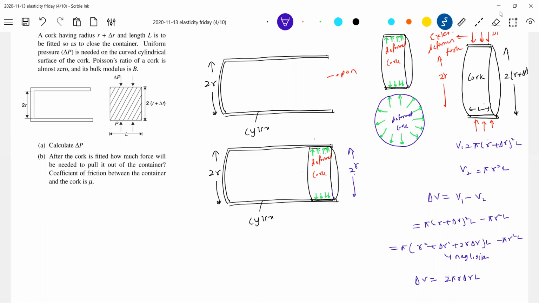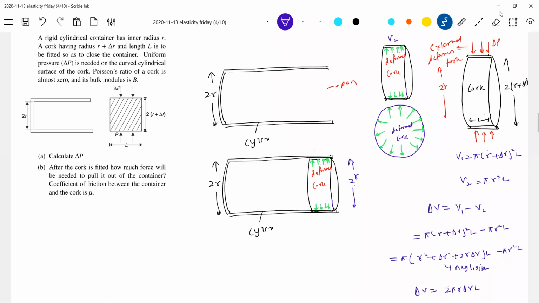Now, the fractional change in volume, delta V by V, should be equal to how much? 2 delta r by r.